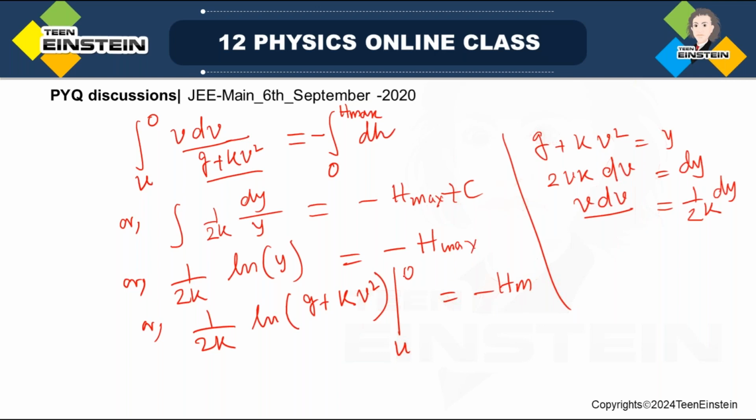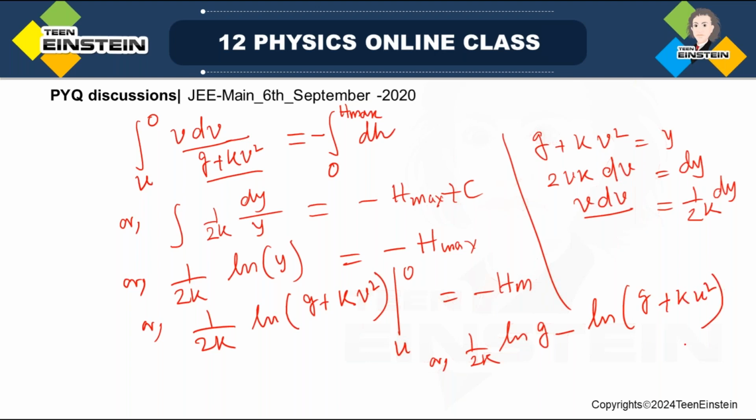If you put the limit, 0 first, then I'm going to get 1 by 2k ln g, since v is equal to 0, minus, for v is equal to u, ln g plus k u square.